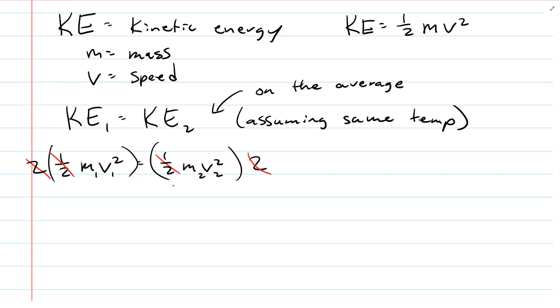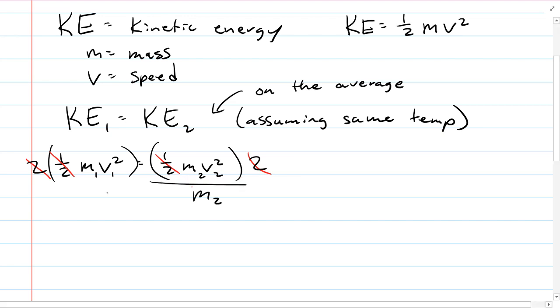If we want to do it so all the masses are on the left, we have to divide each side by m2. What we do to one side, we must also do to the other side. If we divide each side by m2, it's gone on the right-hand side.